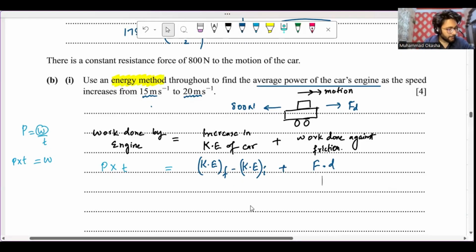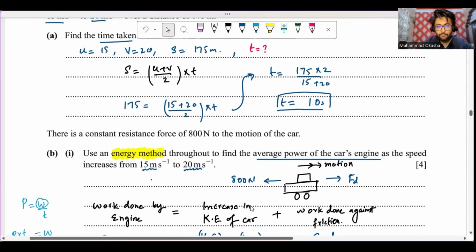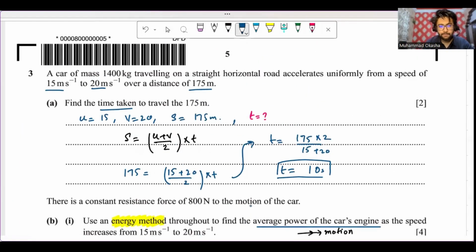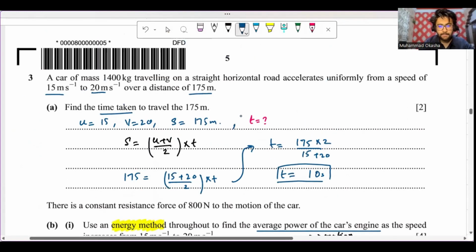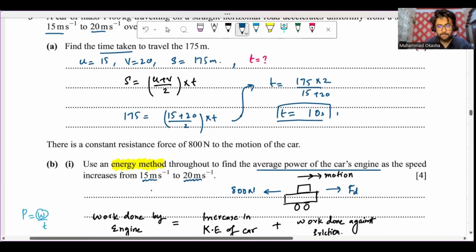Now, we know that the car moves 175 meters. So let's put in numbers from the top. We need to find the power, the average power, so this is my unknown. The time it takes, we just worked out, is 10 seconds.